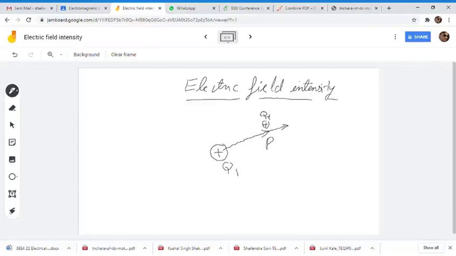If you want to write the force equation, what will the force be?